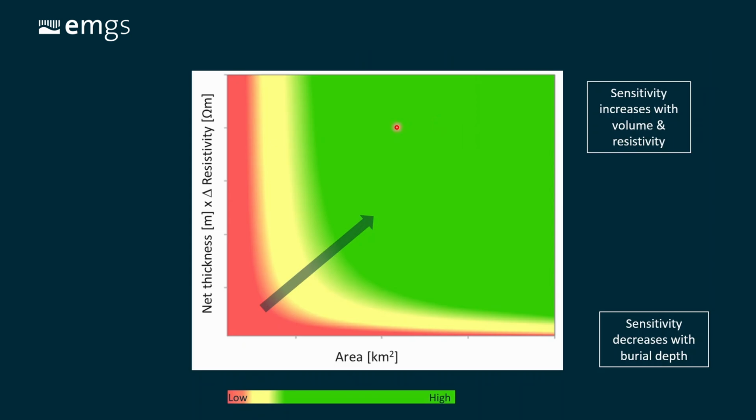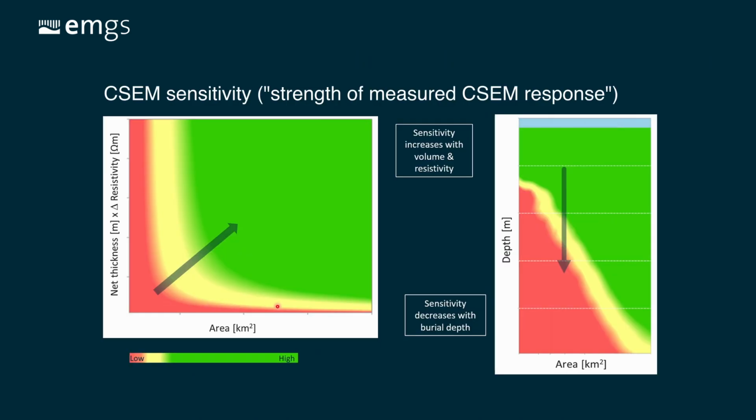Of course, what you see here is that bodies that are low in terms of area or low in terms of thickness resistivity product are very difficult to detect because the presence of such a body is essentially just noise. When the bodies are much larger in terms of area and thickness resistivity contrast, they are much easier to detect because they produce an easy to measure signal.